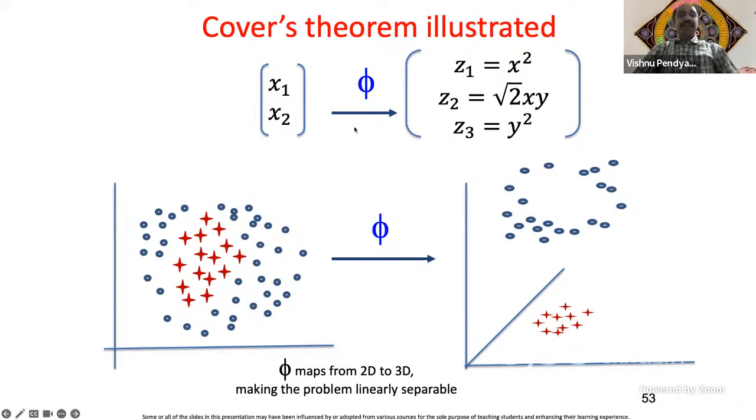So the transformation function can be expressed like this. The first dimension is x squared, the second dimension is root 2xy, the third dimension is y squared. When you apply this transformation, this is what will happen. This is not too difficult to see. Why? Because what is the shape of the boundary here?